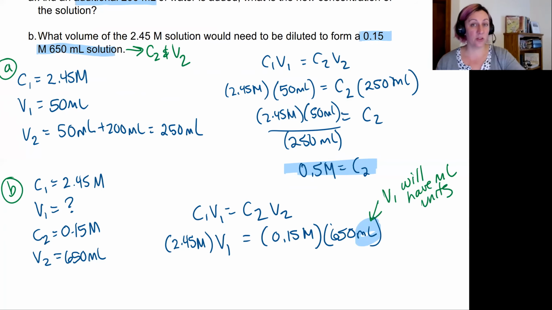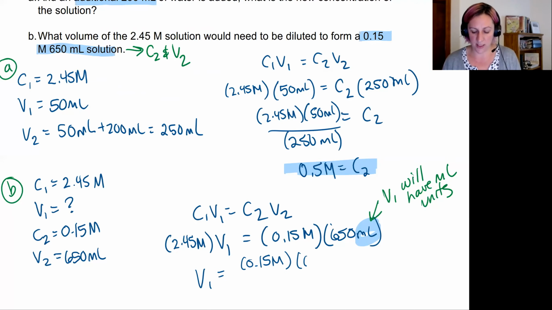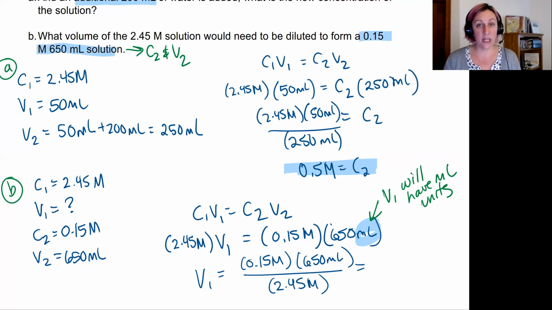Again, I can convert this into liters, and then I'll get out an answer in liters. So that volume 1 is going to be equal to 0.15 molar times my 650 milliliters divided by my 2.45 molar. So the volume that I need to take out and combine with water until I hit 650 milliliters is going to be 39.7959 milliliters, which is way too many digits.